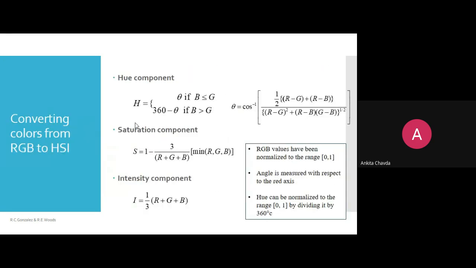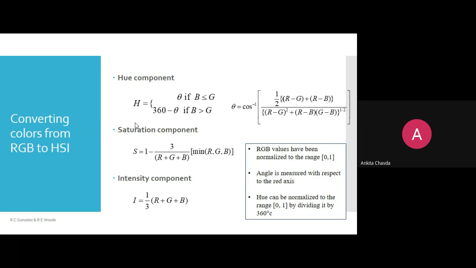Now, how do you convert colors from RGB to HSI? Because any device uses RGB, and you want to convert it into the HSI model for the human perspective, right? So this is the formula. The very first one is for H. H is all about the angle.